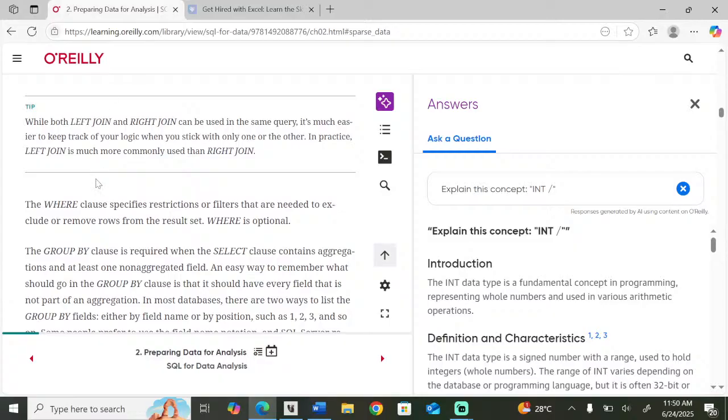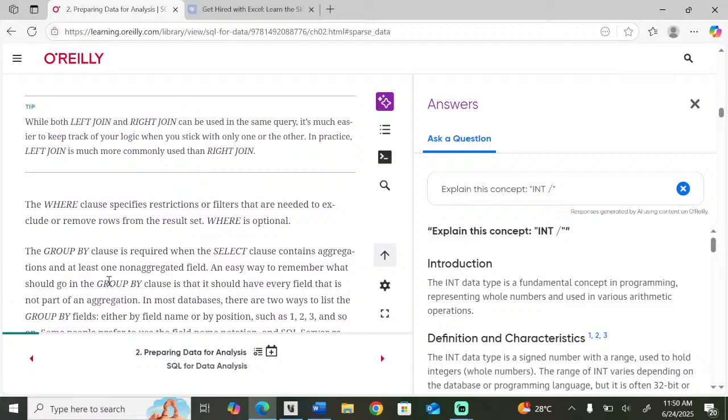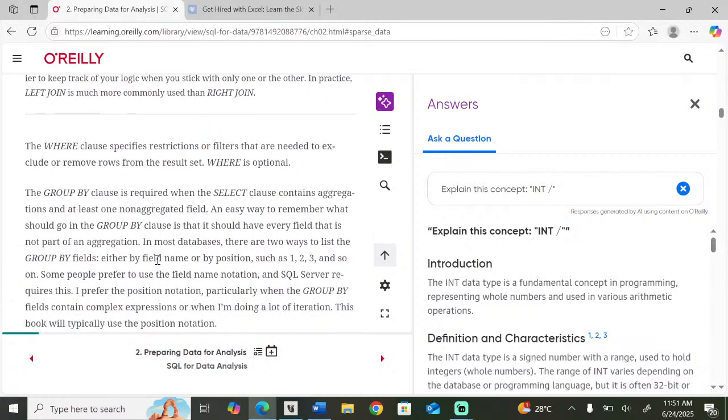So let's now check group by. The group by clause is required when the select clause contains aggregation, at least one aggregation field. An easy way to remember what should go in the group by clause is that it should have every field that is not part of an aggregation. In most databases, there are two ways to list the group by fields, either by field name or position, such as 1, 2, 3, and so on.